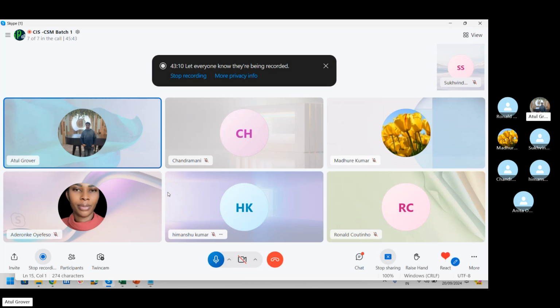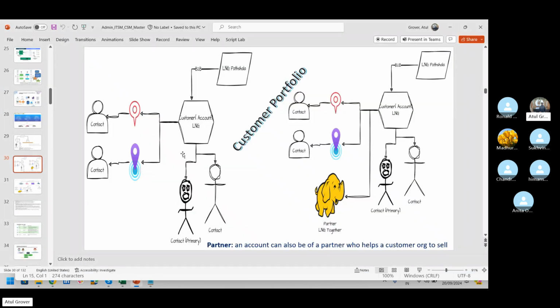But they purchase insurance from one company for all the employees. Or they can purchase insurance from a different company as per the location as well. But then this concept will break down further. So it can be LNG Pathshala, or some other company for other locations.